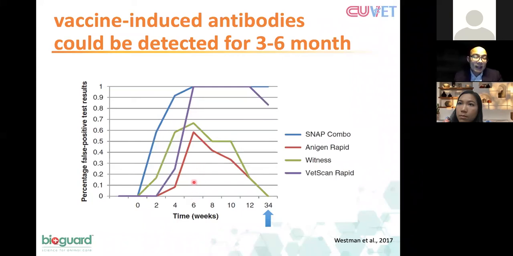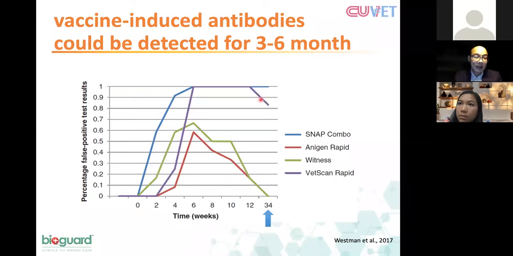But the test that detects only antibody against GP40 will not, over time after vaccination. The antibody titer against GP40 will decline and disappear after 6 months post-vaccination. Therefore, in this study, he concluded that you can use a test kit that aims to detect antibody against GP40 after 6 weeks post-vaccination to test whether the cat is naturally infected with FIV or not.